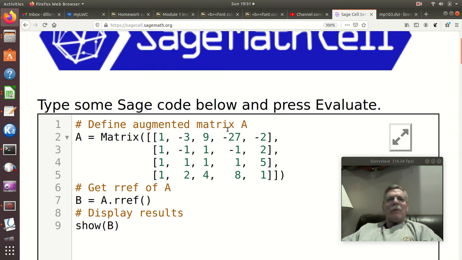Okay, now you have to be a little careful on this, because Sage doesn't know what these entries mean other than they're just entries of a matrix.